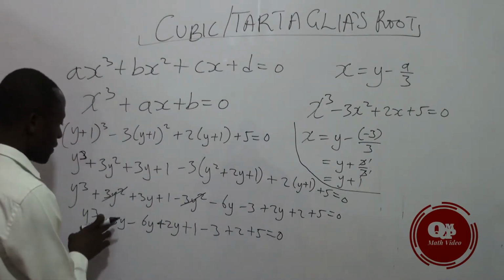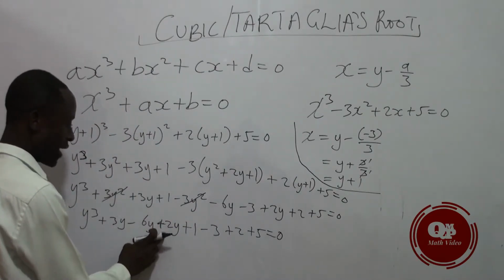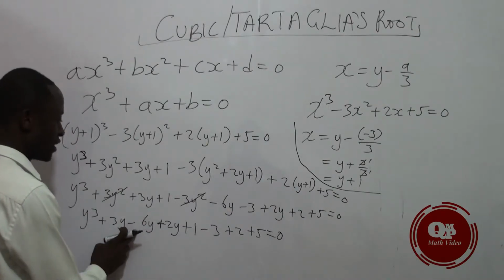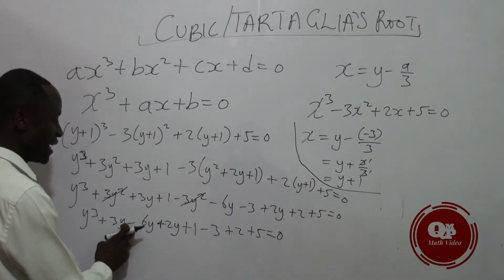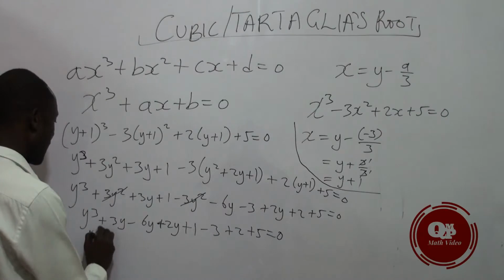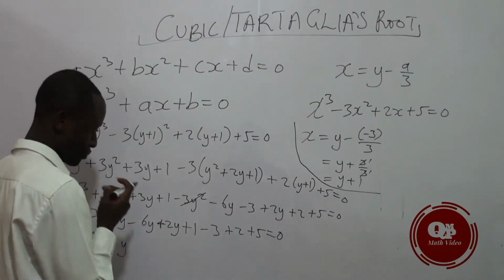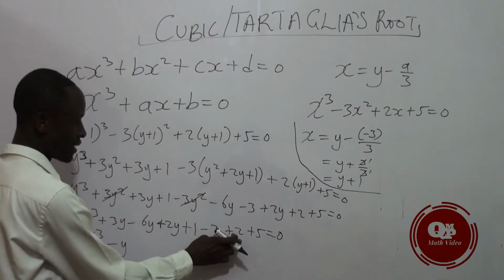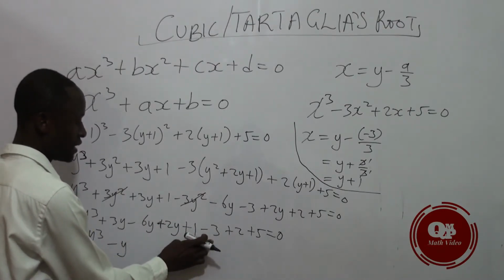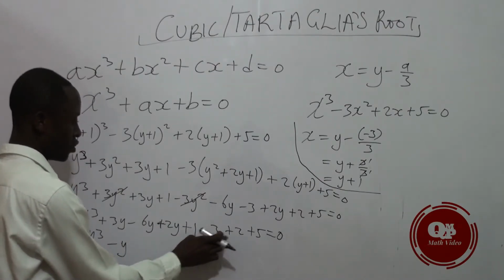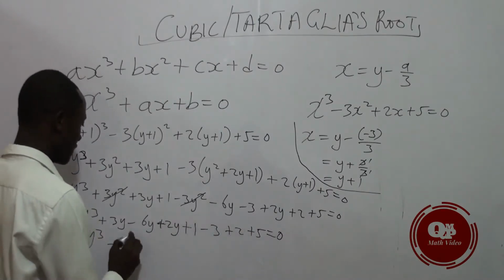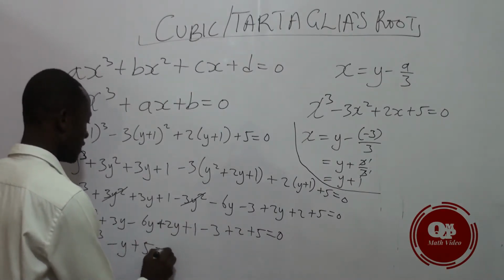Now 3y plus 2y gives us 5y, minus 6y, then it means that we have negative y. So y cubed minus y. Now 1 plus 2 gives us 3, and then we have negative 3 here, so they cancel. So the value of this becomes 0, so we have plus 5 is equal to 0.